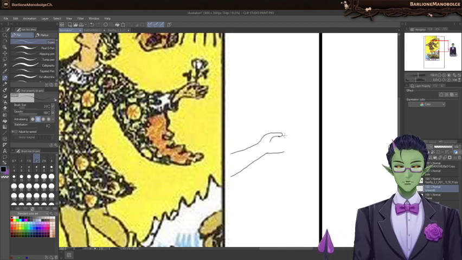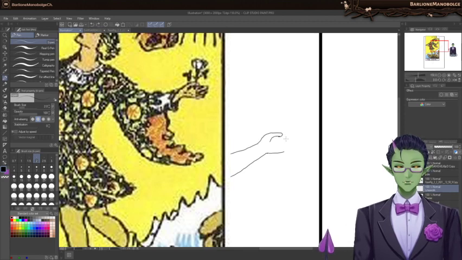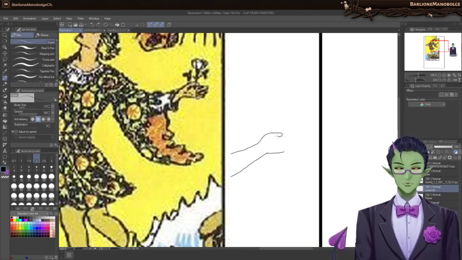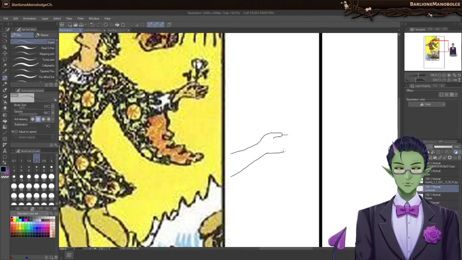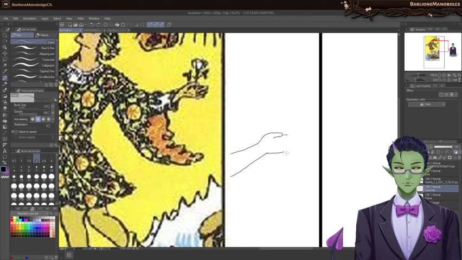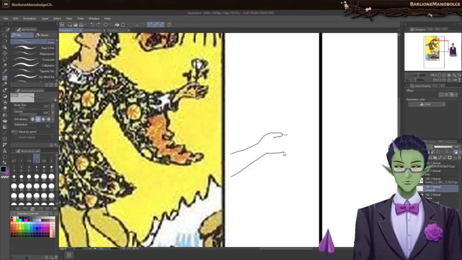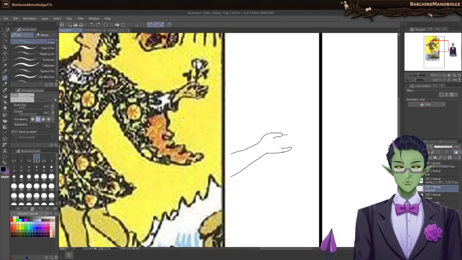That is how I'm going to interpret this. Also makes it a lot easier to draw. Or it would be if I could even draw to begin with.